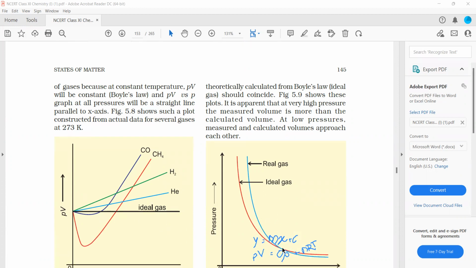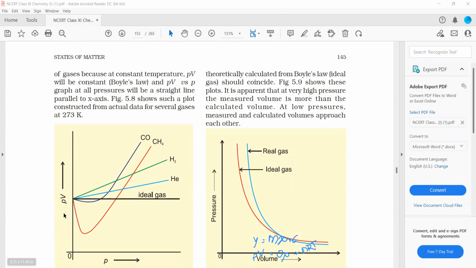So for ideal gas behavior, when you plot the graph between PV and P, it should be parallel to the x-axis. But in the real sense, the graph given here is for different gases like hydrogen, helium, carbon monoxide, and methane, and you can easily see the deviation from the ideal gas behavior, how it is deviating.